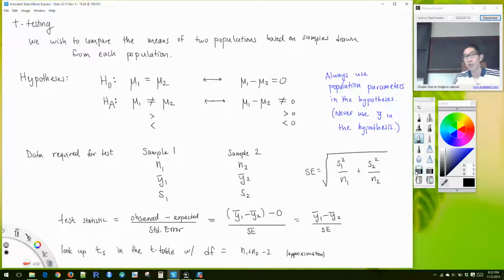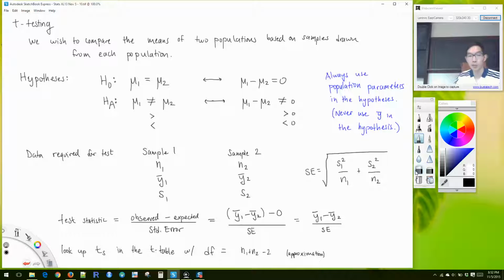And that's how you do it. So we'll do an example and we'll run through this, but I think the process itself is rather straightforward, okay?